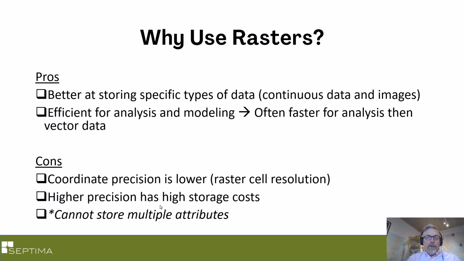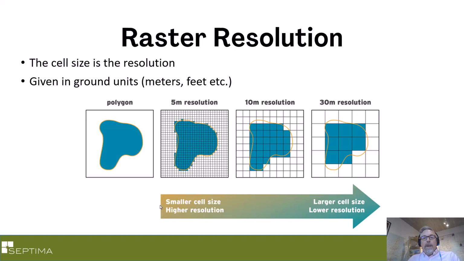The typical raster will have one attribute, a numeric value. That might be the elevation above sea level or a code for the land cover. But there is a plugin that now allows us to store raster attribute tables. Not historically possible, but it is now in QGIS. So I'll be talking about that near the end of the course.